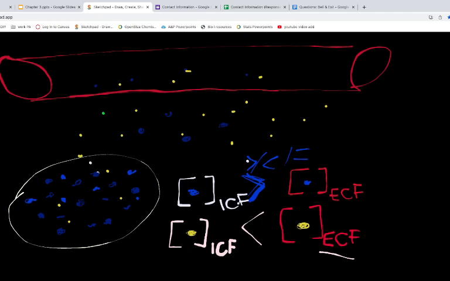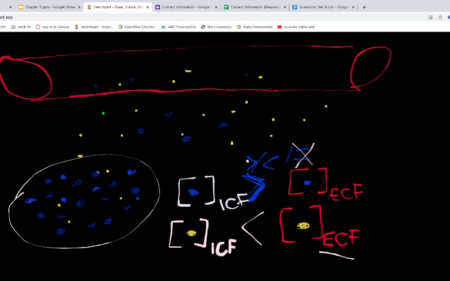Basically, we want to have an inequality here, right? It's never going to be equal. And this is an important property of cells because of the way that ions move. So we're going to talk about the ions that are on the inside of the cell versus the ions on the outside of the cell here in a second.